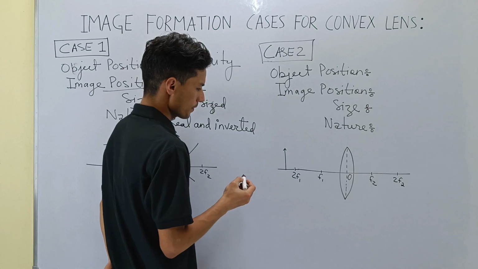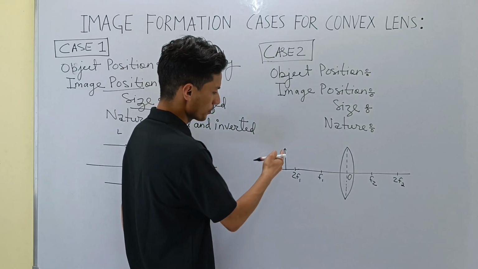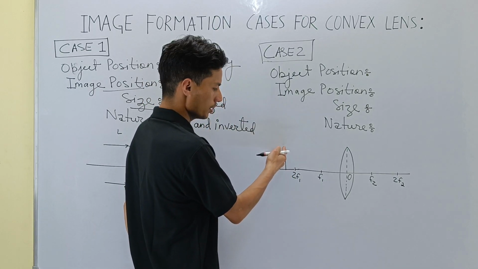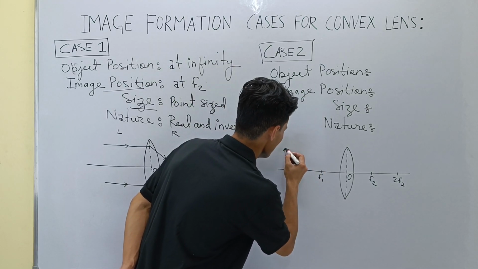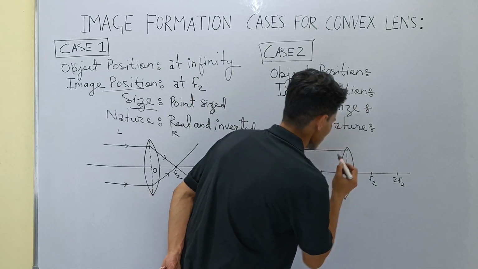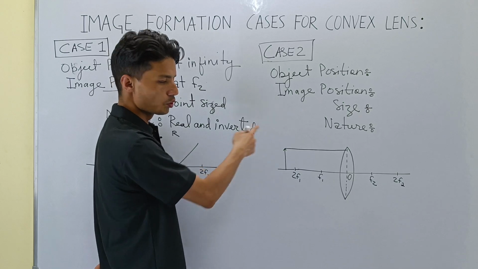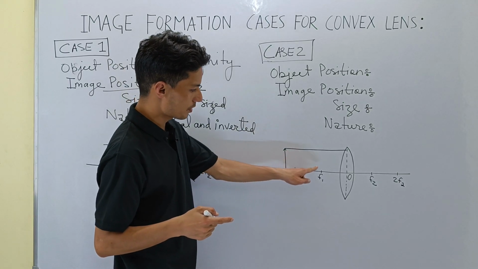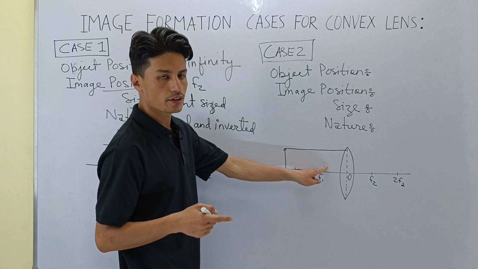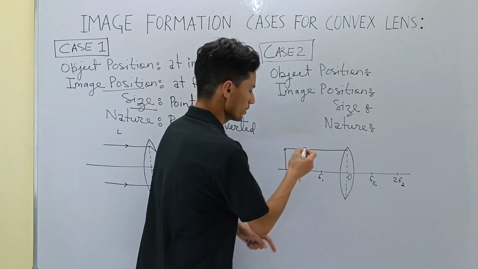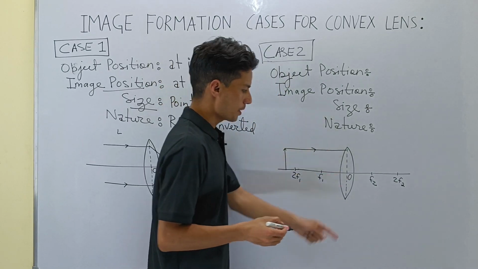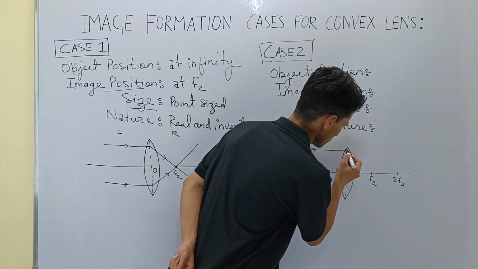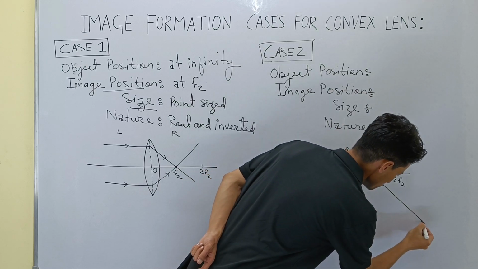Okay, so we'll consider 2 light rays from the tip of the object, which is this. So ray number 1 will follow which rule? We are following rule 1. The incident ray is traveling parallel to the principal axis. We know if the ray is traveling parallel to the principal axis, after refraction it will pass through f2. So let it pass through f2.